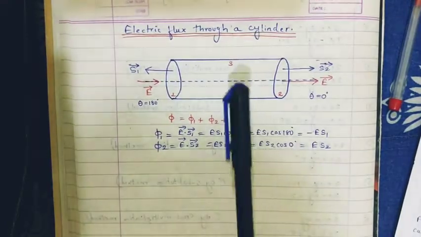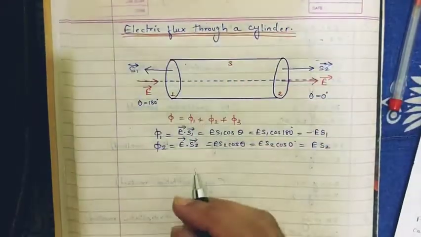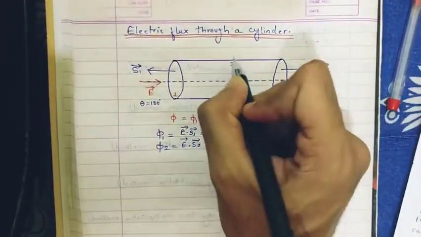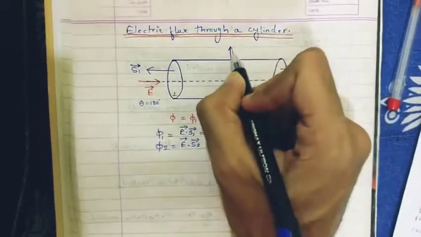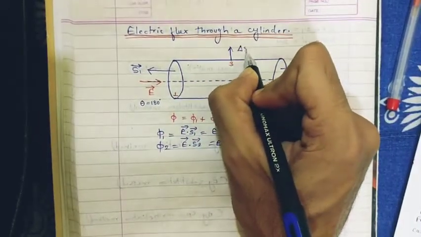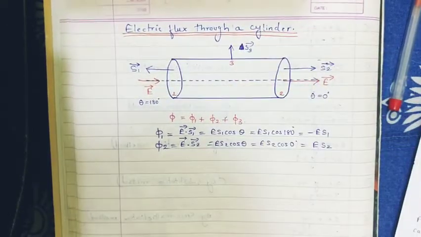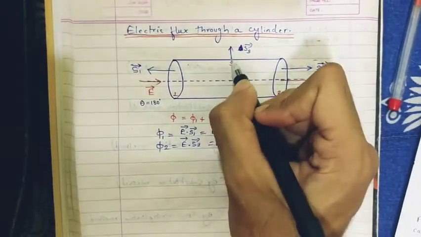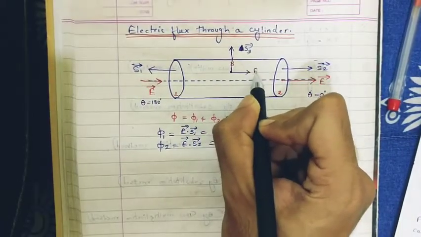Now coming to the third surface, the curved surface. In this case, again, at any point, the area vector is going to be perpendicular to the surface outwards. Let's say S3. Let's consider this as a point, and the electric field is going this way, parallel to the axis.